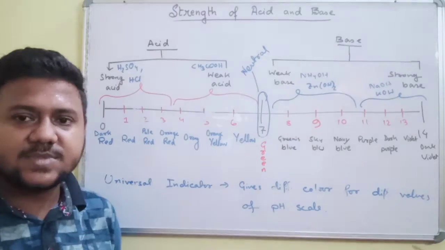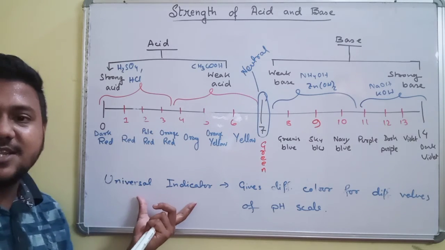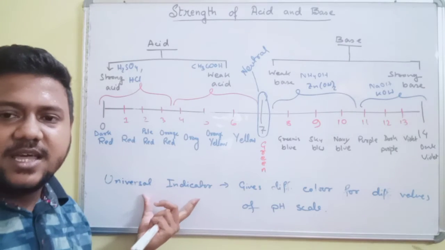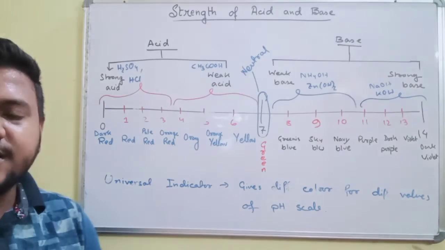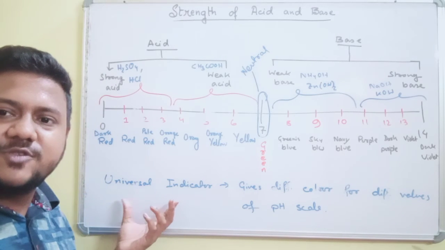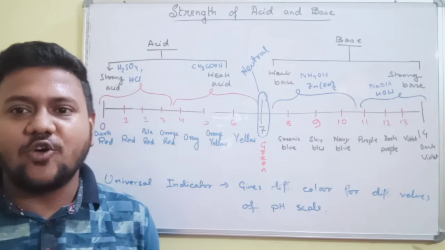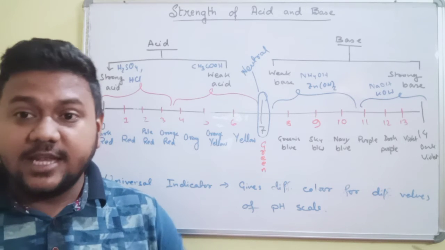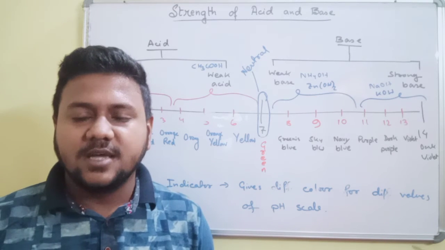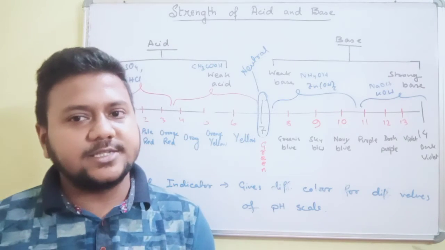Now let us see what universal indicators are. We have seen these indicators give different colors for different pH values. So with the help of the universal indicator, we can actually determine the pH of a particular substance. In case of the previous indicators, we could just determine whether a substance is an acid or a base.